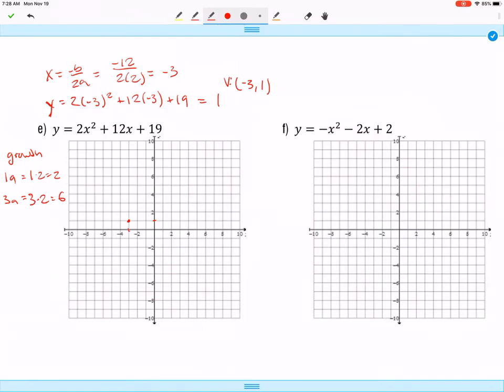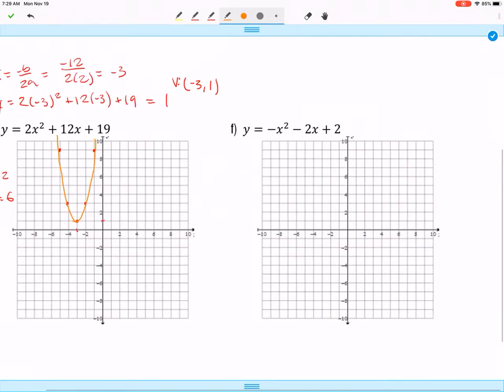So we'll go over 1, up 2, over 1, up 6. And then over 1, up 2, over 1, up 6. And draw our parabola, something like that.